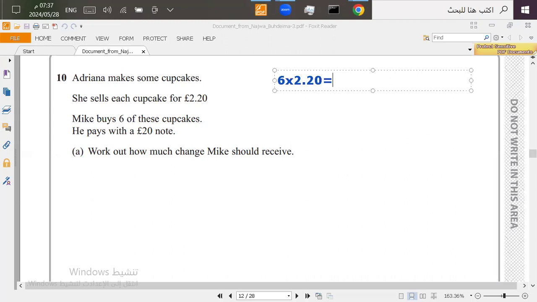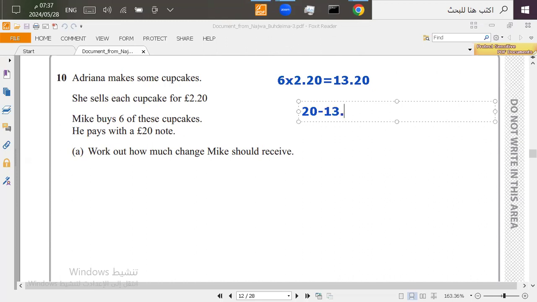So first, 2.20 times 6 cupcakes. So the answer is 13.2. So 13.2 pounds, or 13.20 pounds like this. Now we understand that he pays 13.20 pounds. Now we subtract it from 20.